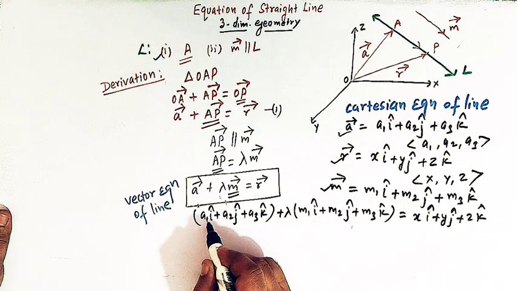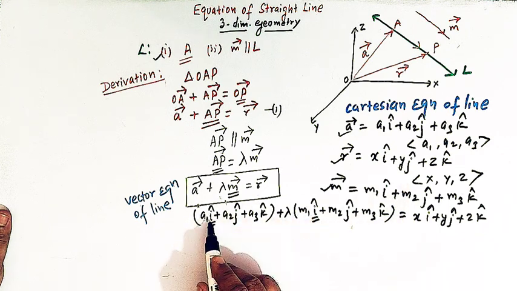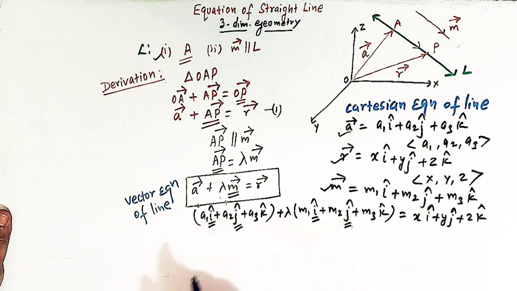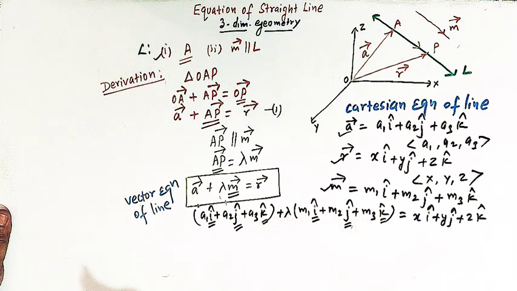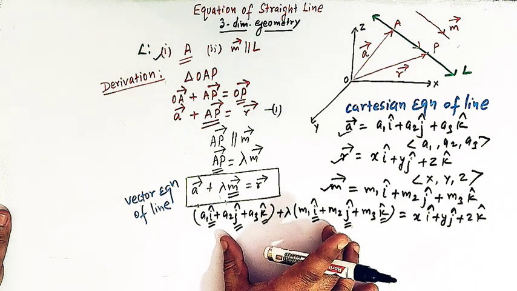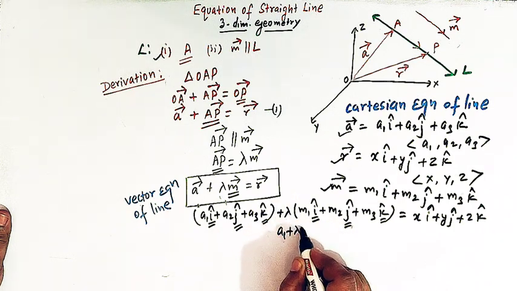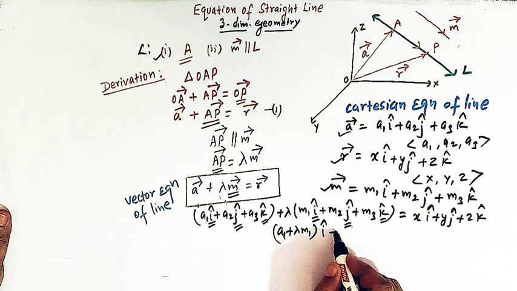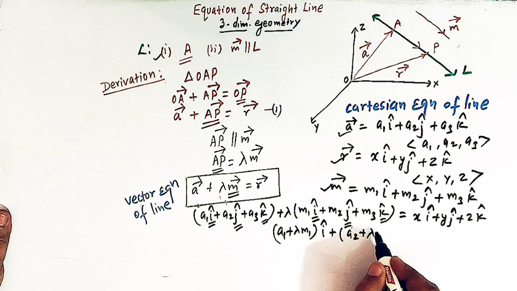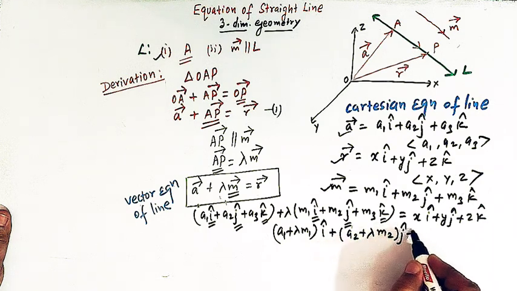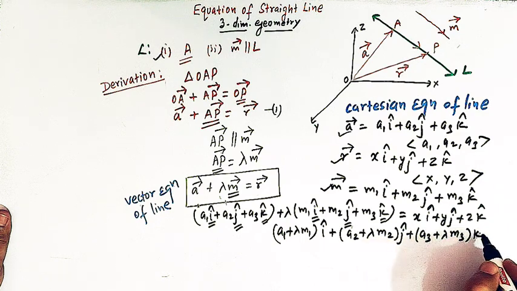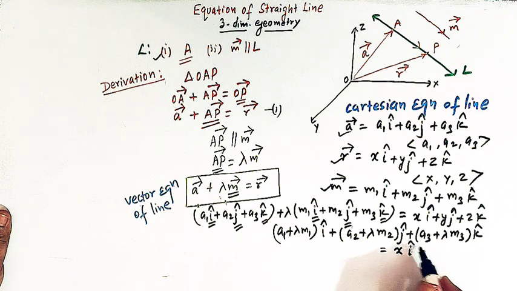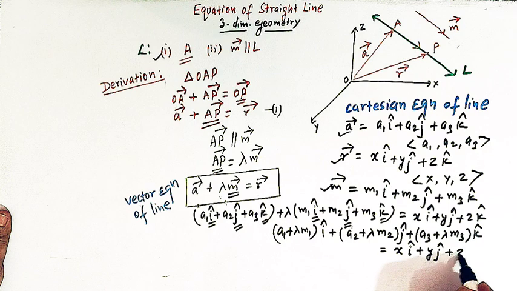If we collect the i components, that is the X component, the j components, that is the Y component, and the k component, that is the Z component, we can rewrite this expression as a1 plus lambda m1 i cap, then a2 plus lambda m2 j cap, and then a3 plus lambda m3 k cap is equal to x i cap plus y j cap plus z k cap.